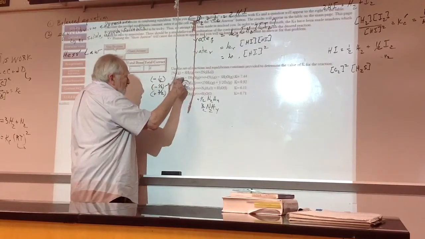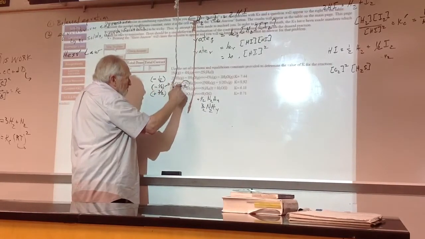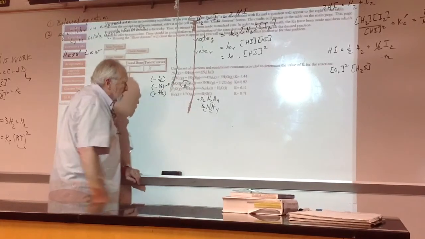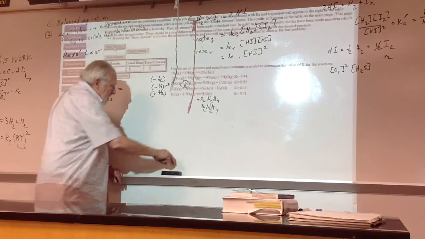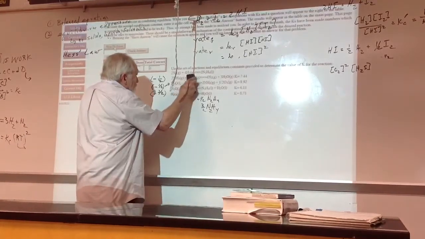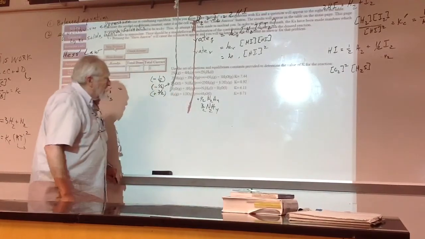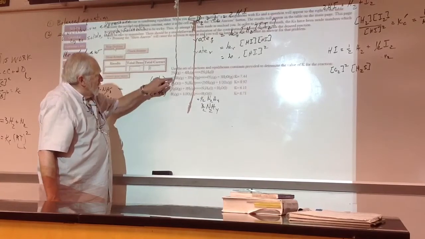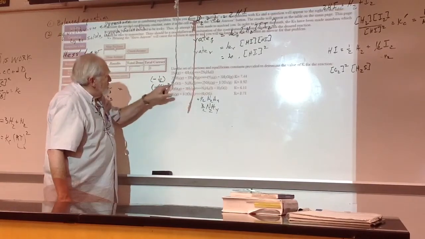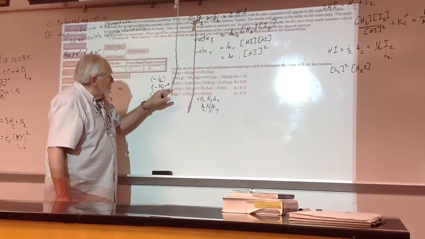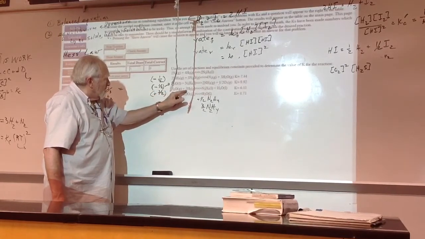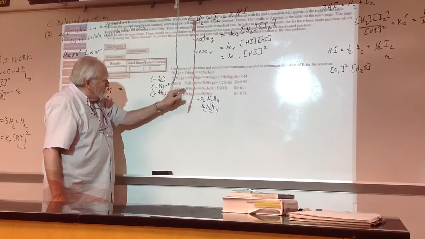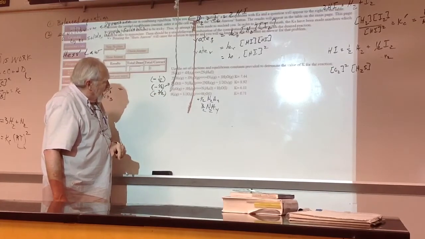So I've got a multiplier for this one, a multiplier for this one, a multiplier for this one. I just have to figure out what to do with the other one. And for this one, I'm going to use hydrogen. Okay? Because no hydrogen here, no hydrogen here. Here's hydrogen, and I already said it's 3/2 times 2. 3/2 times 3, which makes it 9/2.